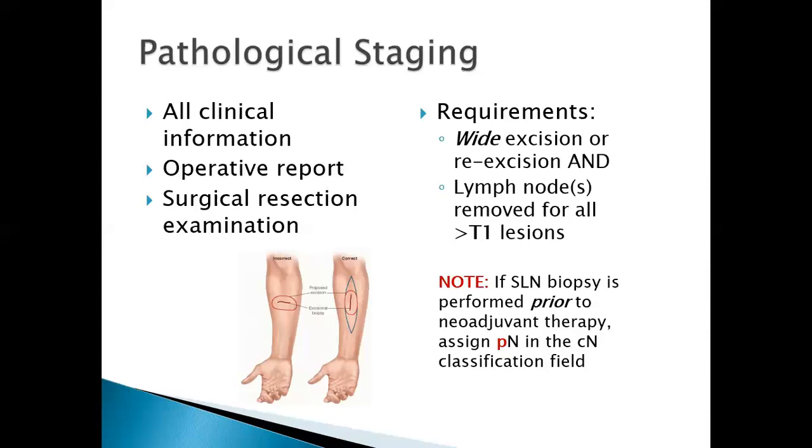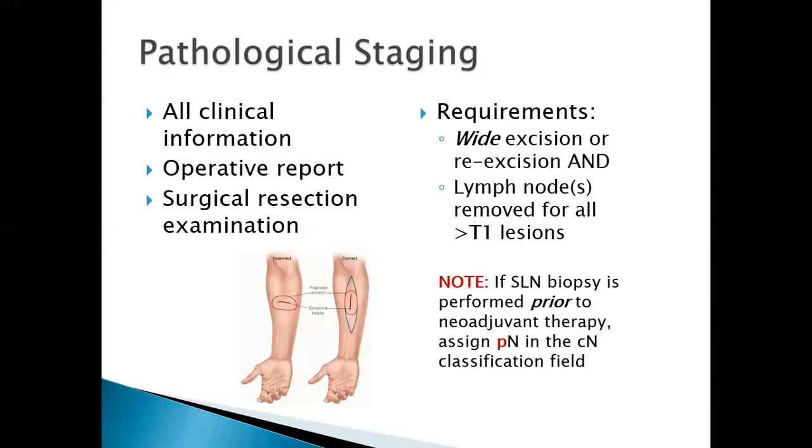Now, it's possible that neoadjuvant systemic treatment can be offered after the initial diagnosis and staging of regional lymph nodes by sentinel lymph node biopsy. So in other words, they diagnose that this person has melanoma and they do a sentinel lymph node biopsy before any additional surgery.